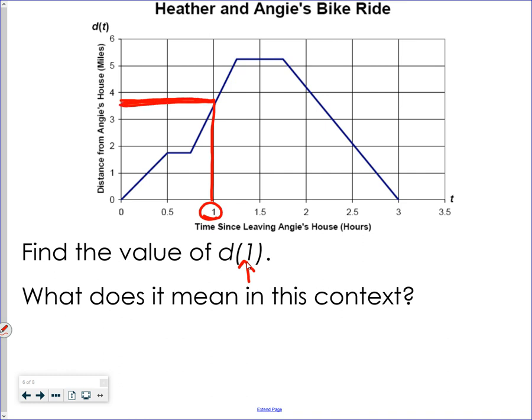So that's saying after 1 hour of biking, I'm answering the context part of this now. So after they've been biking for an hour, they are about 3.5 miles from Angie's house, right? 1 hour of biking equals 3.5 miles from Angie's house.